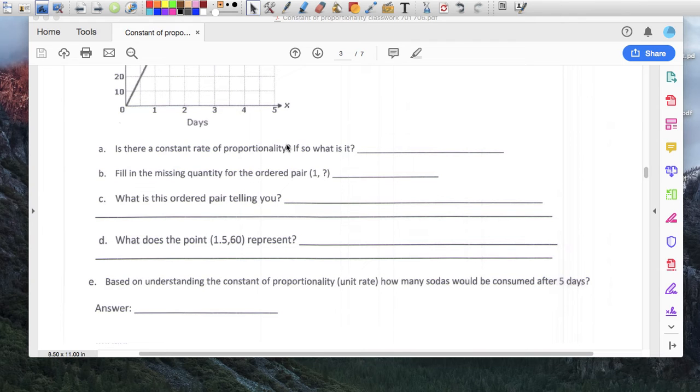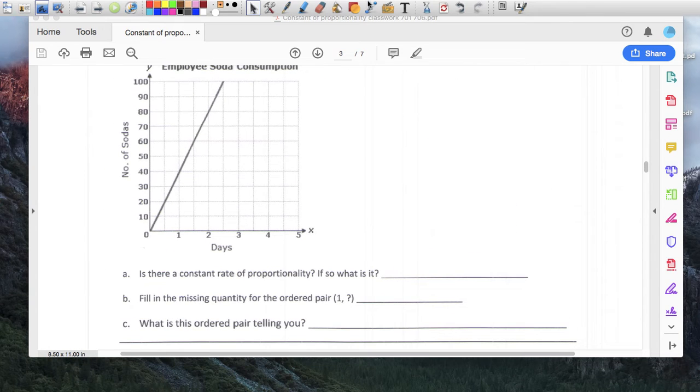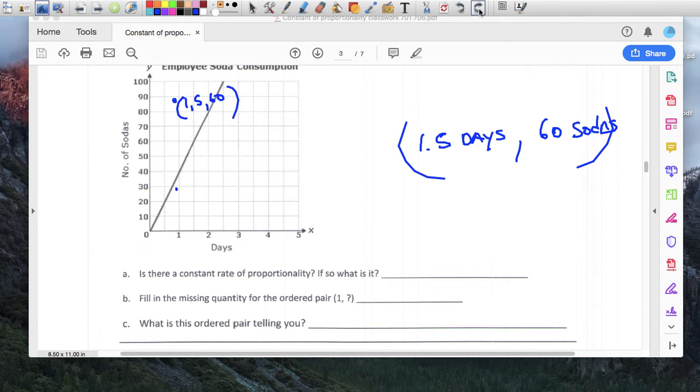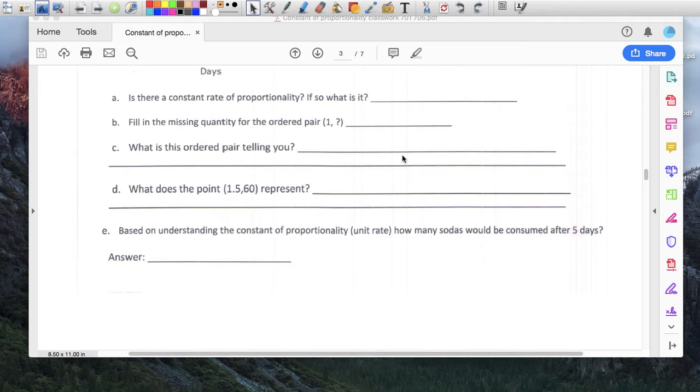Based on the understanding of the constant of proportionality, how many sodas will be consumed after 5 days? You know the relationship right here. 1 day, they drink 40. So your unit rate is what? If you're doing that last question, you want to find out how many they drink in 5 days.